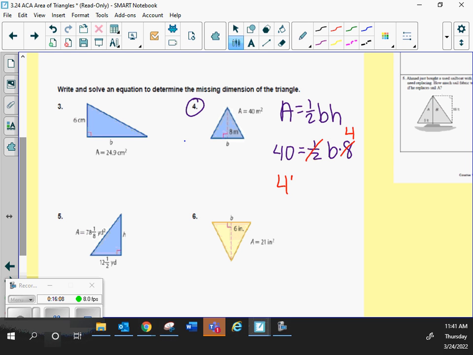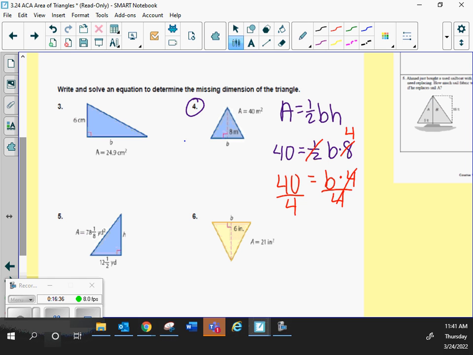Okay, so this is now 40 is equal to B times 4. Now to get B by itself, I need to get rid of that 4. How have we talked about getting rid of the 4? What operation is happening? Multiplication. We undo it with division. Very good. We're going to divide both sides by what? 4. Divide by 4, divide by 4. Okay, on this side, what happens? They cancel each other out.